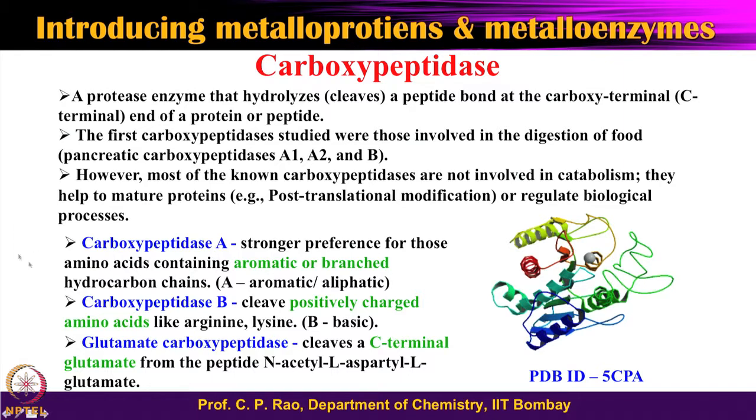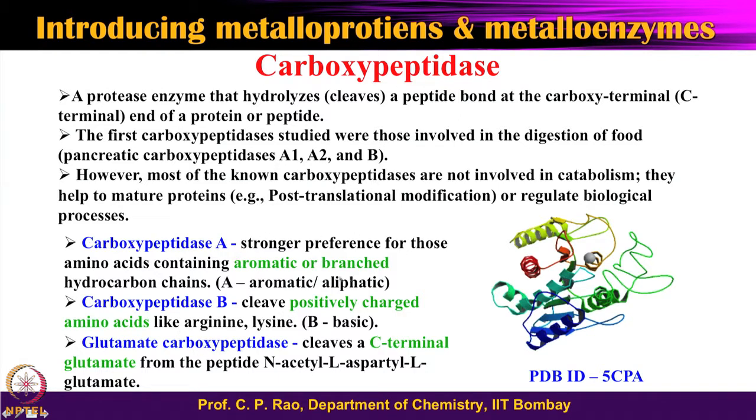What kind of bond is cleaved depends on the type of the enzyme. If you have a neighbor which is aromatic, if you have a neighbor which is cationic, if you have a neighbor amino acid which is anionic, there are different kinds of enzymes.